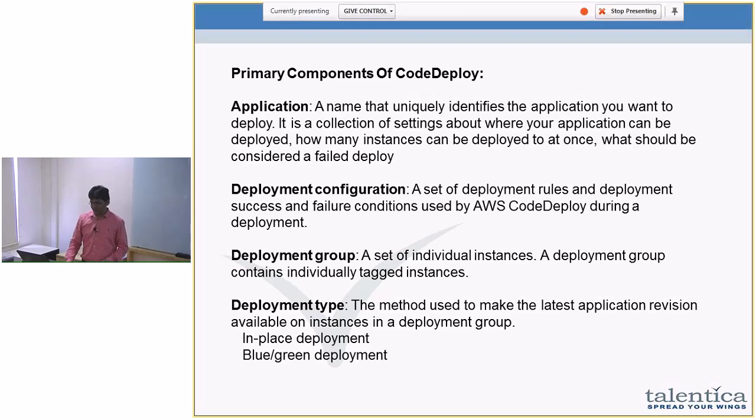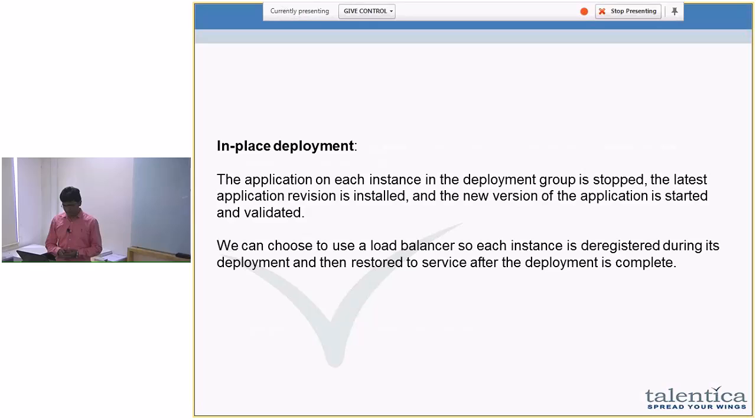There are two deployment types: in-place deployment and blue-green deployment. In in-place deployment, the application on each instance in the deployment group is stopped, the latest revision is installed, and then the application is started again. We can also use a load balancer if we don't want downtime of our application.